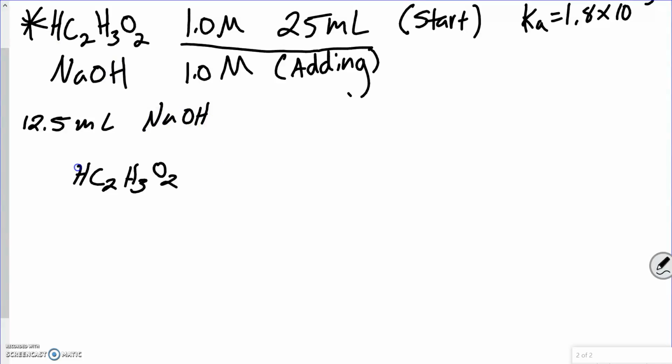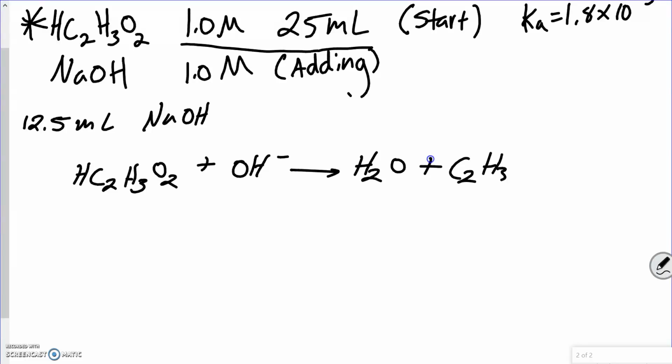Well, it's the acetic acid plus the sodium hydroxide, which a lot of times we'll write as a hydroxide ion because, again, net ionic, the sodium's there, we're just not writing it, to form water and the acetate ion.